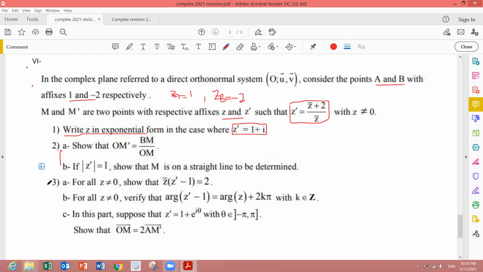Part 3. For every Z different from 0, show that Z bar into Z prime minus 1 equals 2. So it is simple. We replace Z prime by its value here. Then we take the LCM and we will get 2.